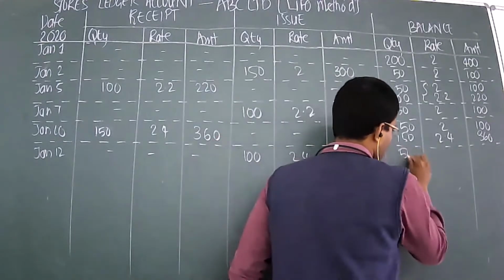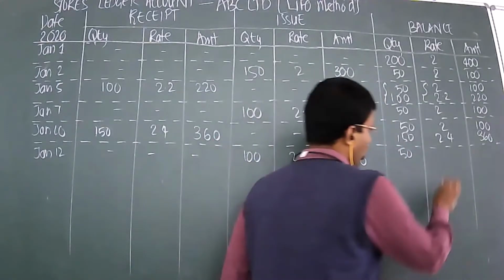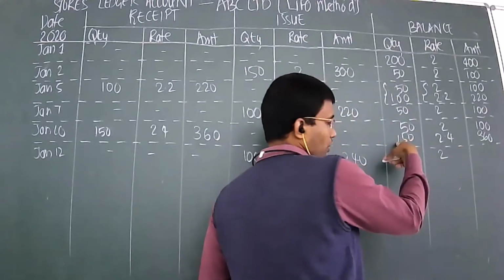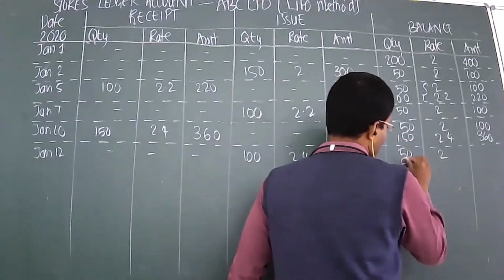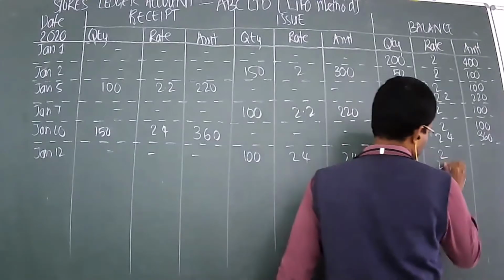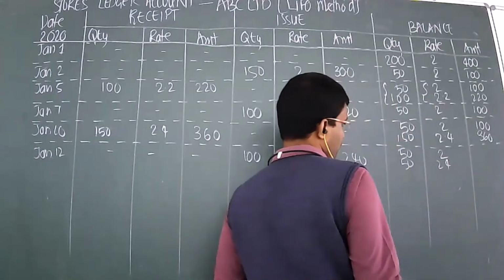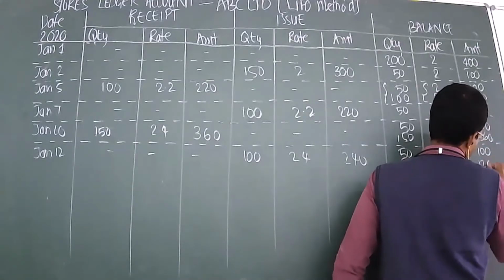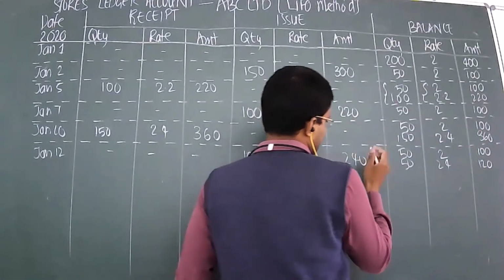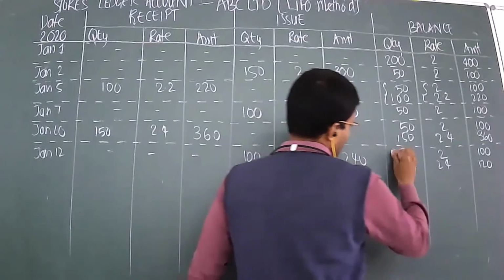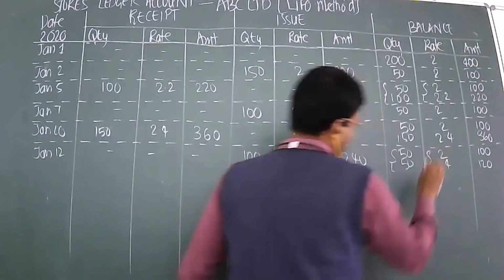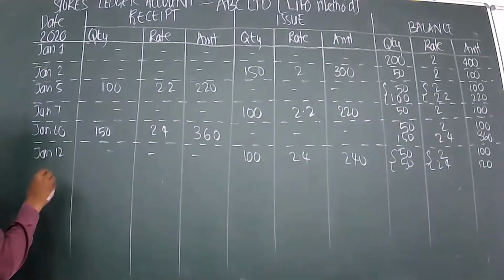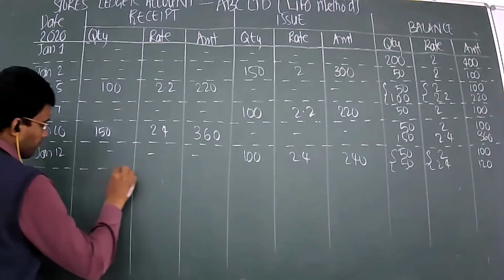The first batch of 50 that you bought at 2 rupees, then out of 150 you have issued 100, so you have another 50 at 2.4. These are the details of your items in your warehouse now.